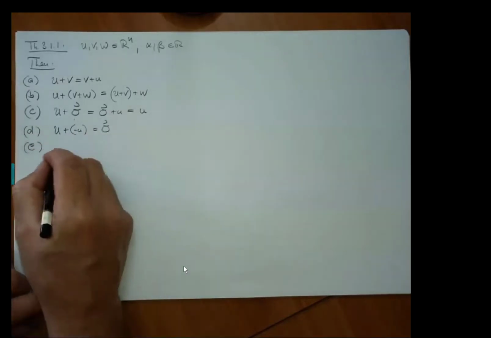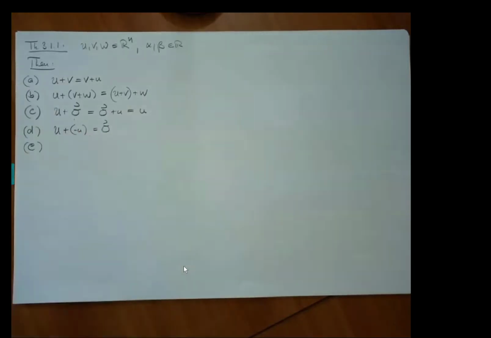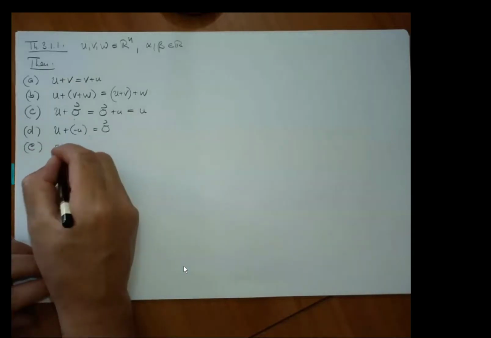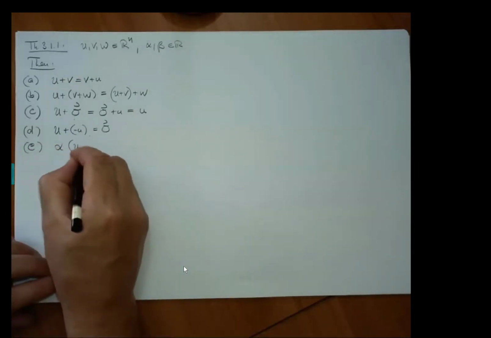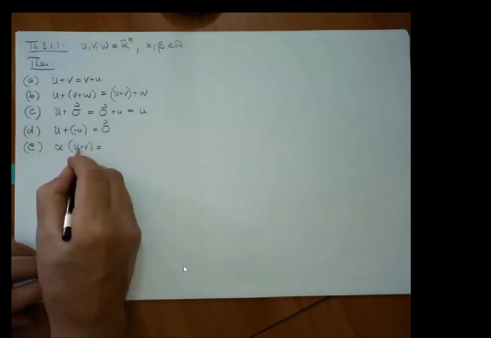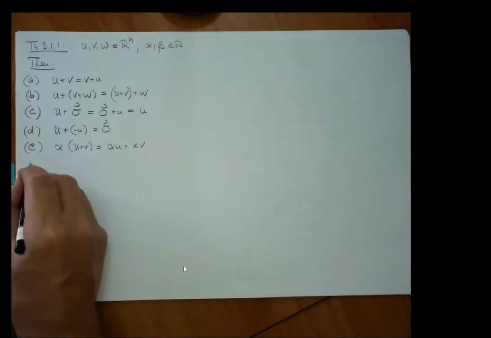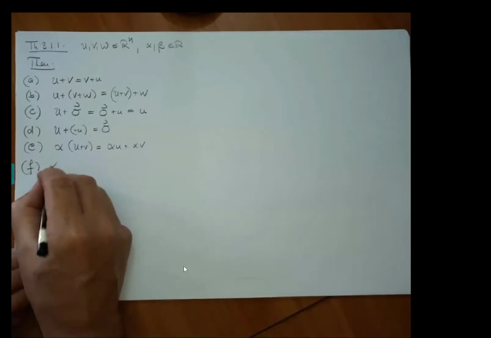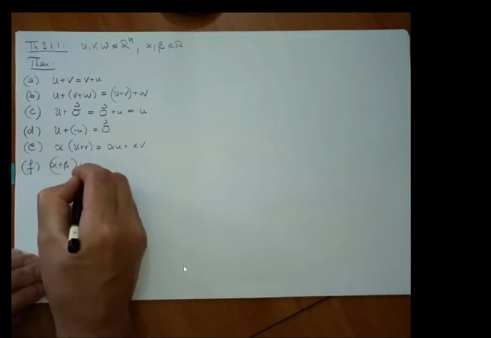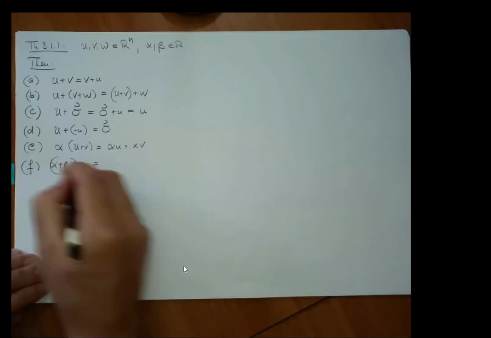Parts E, F, and G are all kind of distributive laws. If you do alpha times (U plus V), you can distribute the alpha. If you have two numbers, (alpha plus beta) times U, you can distribute the vector.